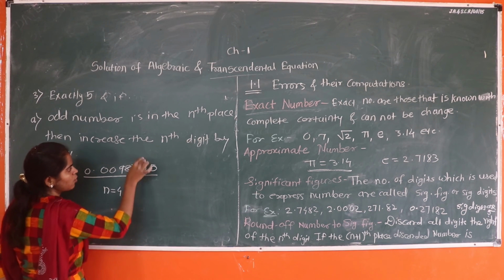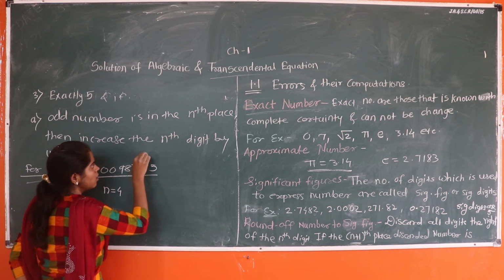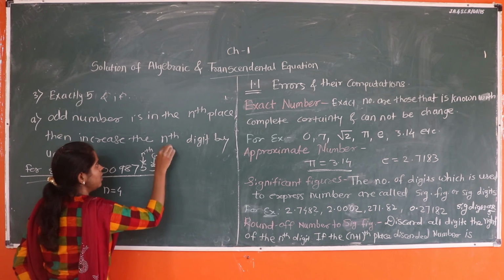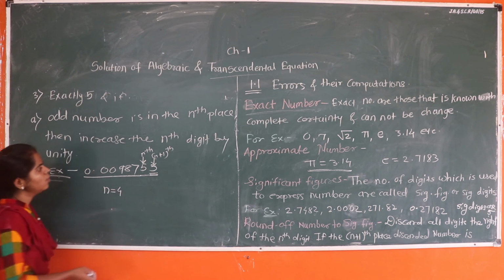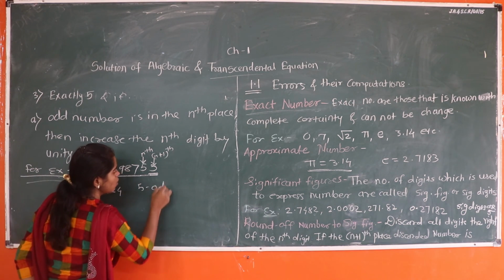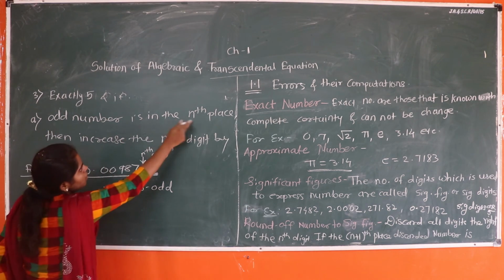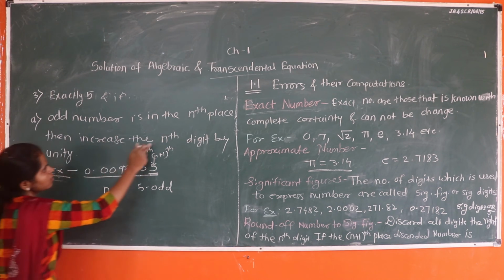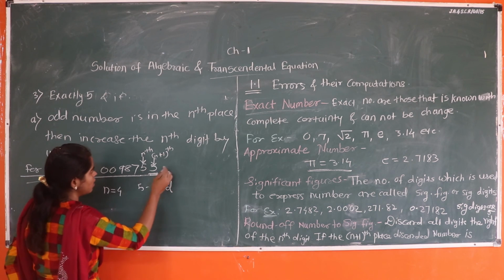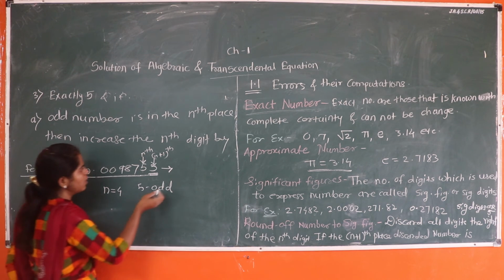The nth place has 7 and the n plus 1 place has 5. The digit in the nth place is odd, so we increase the nth digit by unity.